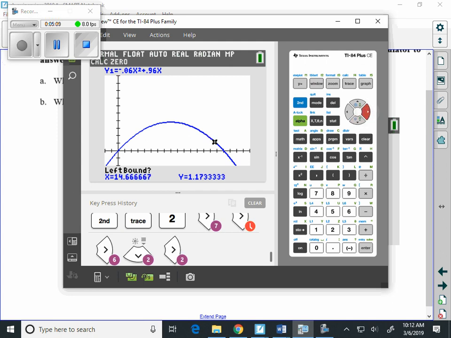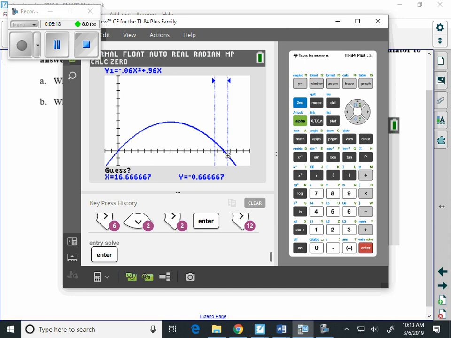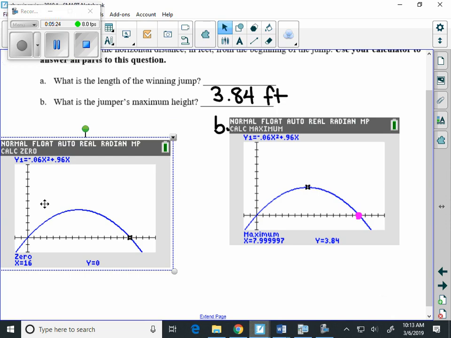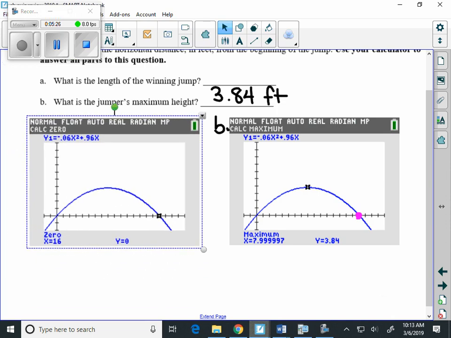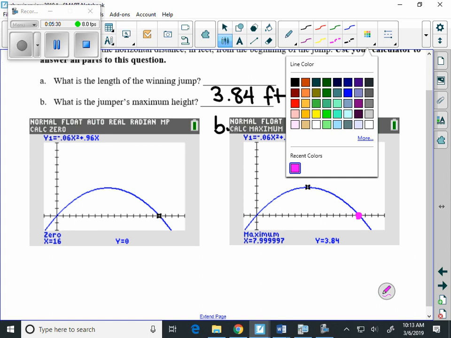Again, your numbers at the bottom of the screen don't have to be the same as mine. Enter. And then enter. And then enter. And there is our first answer, which is going to be 16 feet.